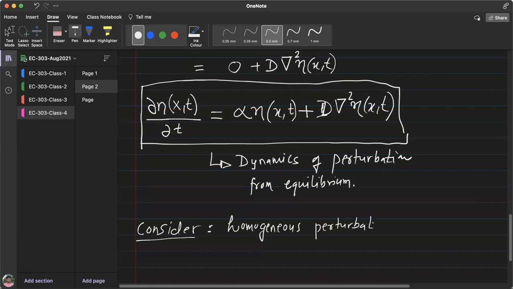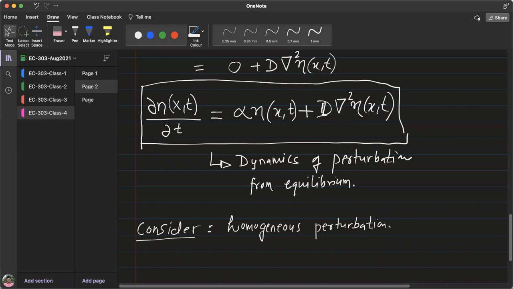Let's try to understand what happens in this case. Think of the fact that I have started everywhere in space with carrying capacity, which we know is an equilibrium. Now one possible perturbation is I turn one of the locations, a very small part of the landscape, to a value away from K. That would be a local perturbation. Only one place has undergone the perturbation.